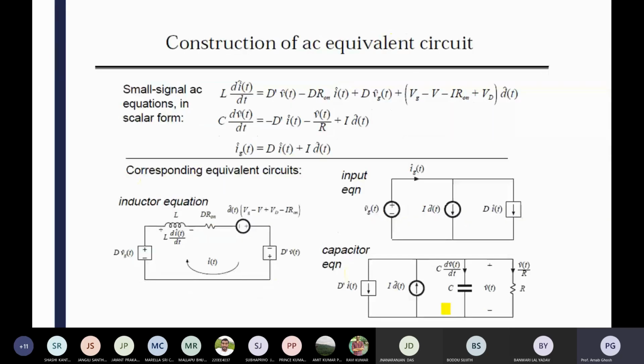Then we can construct the equivalent model. Here you can see the construction of the AC equivalent circuits.